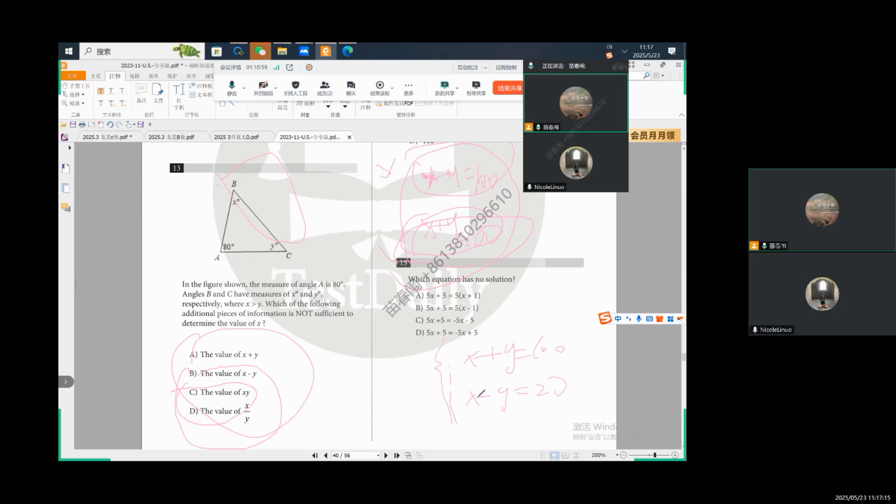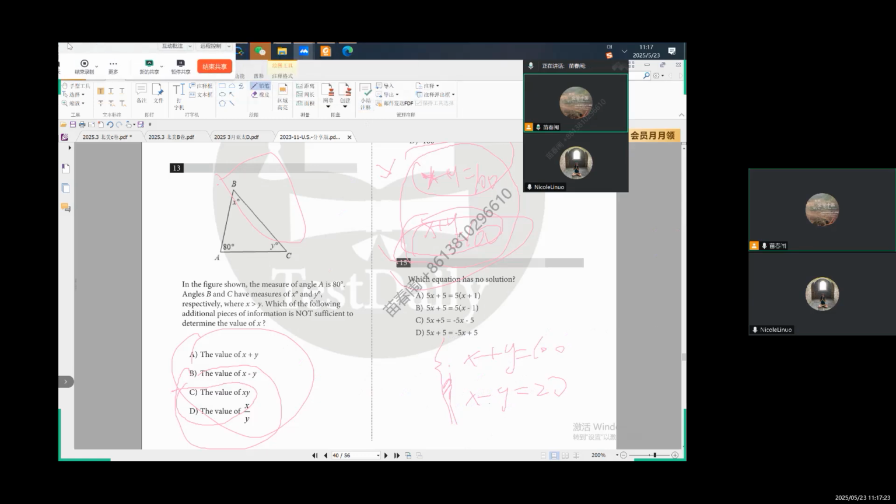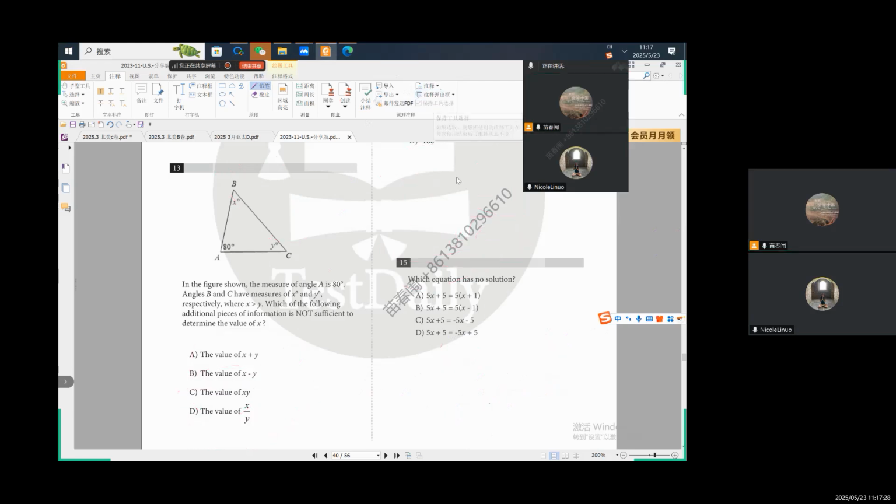So B is sufficient. And if we try C, X plus Y is 100, and say X times Y is also 20. Can I find it?